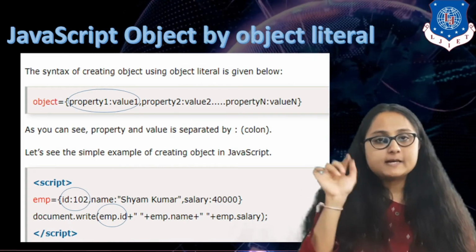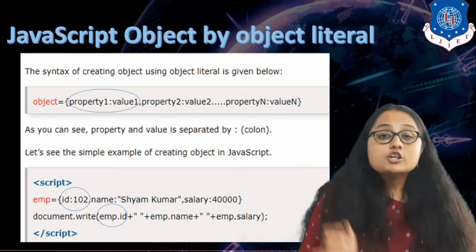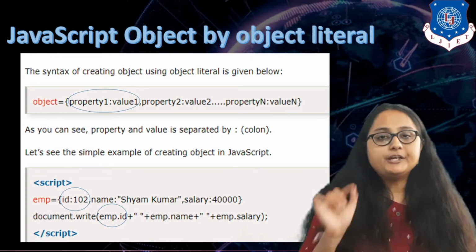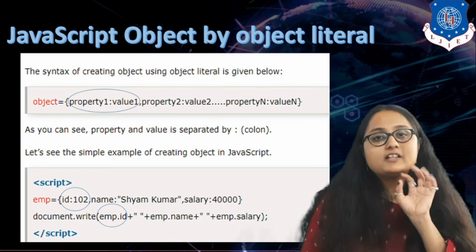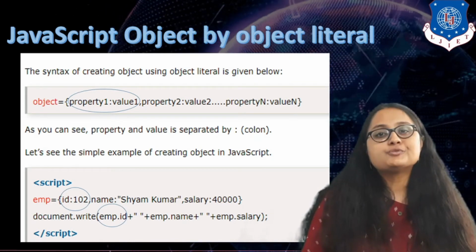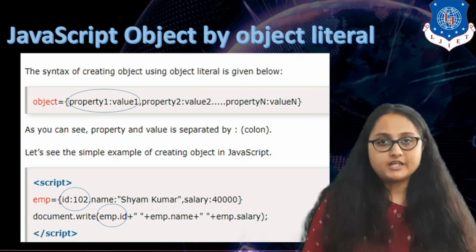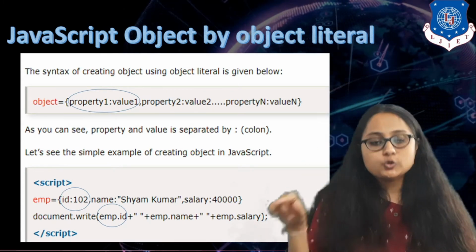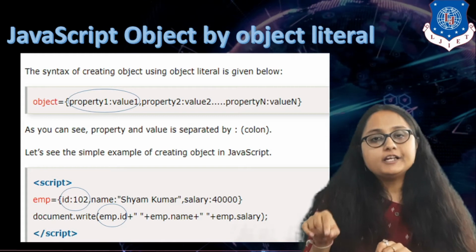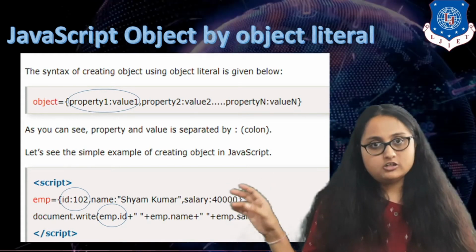For example, the first property name is id. When I write emp.id, what is the output that I will get? I will get the value attached to this particular property. So emp.id will yield 102. Then I have concatenated a space.